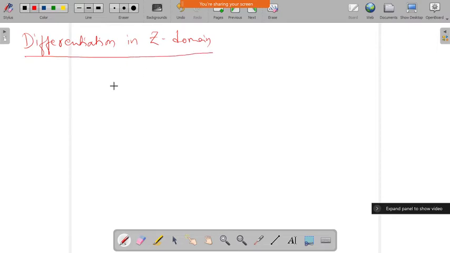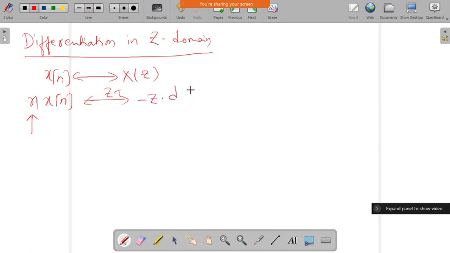So what is meant by differentiation? How to get the differentiation in z domain? That is the requirement here. What we need to do in the time domain so that we are able to get the differentiation in z domain. For that, if we have x of n with the z transform pair X of z, now if we scale the input by a factor of n, its corresponding z transform will be minus z into dX of z by dz.